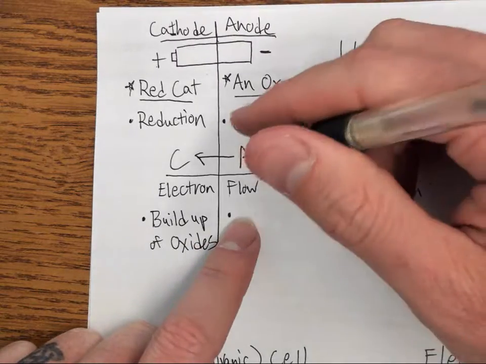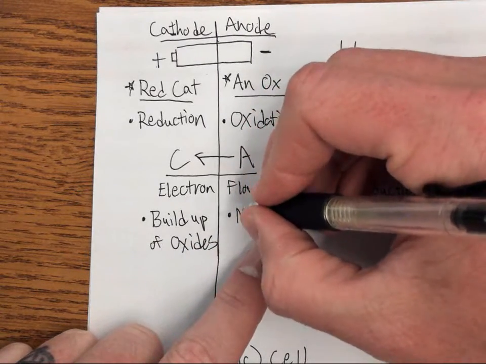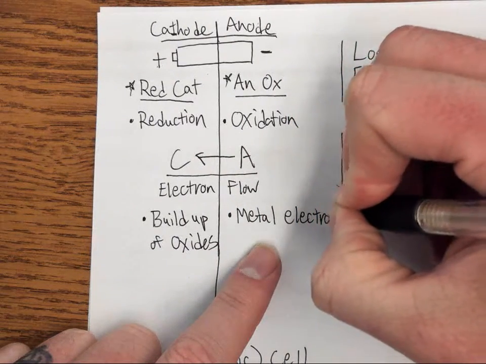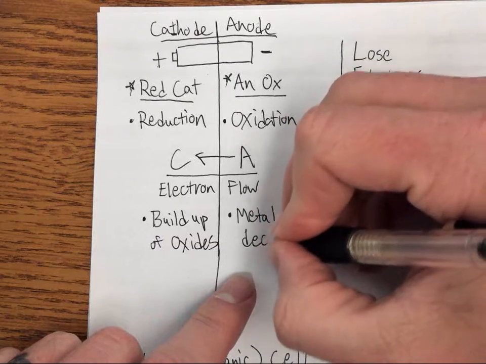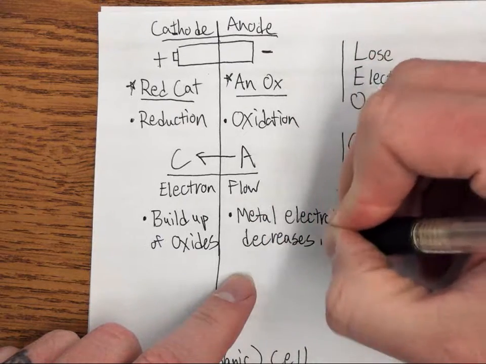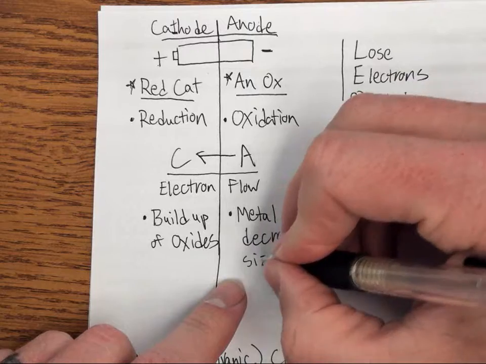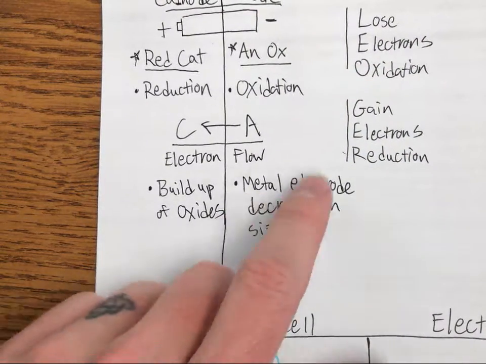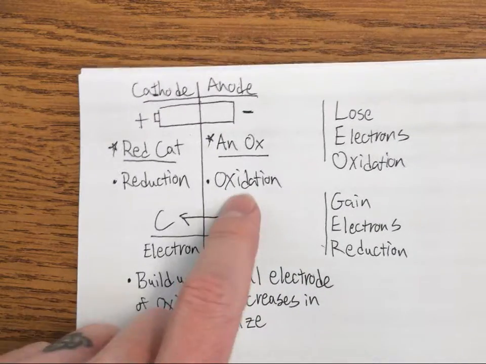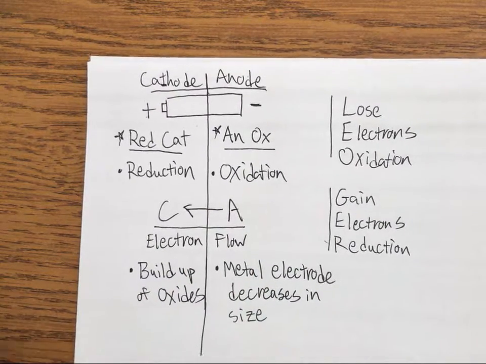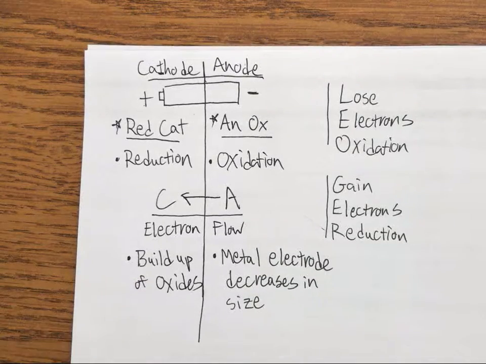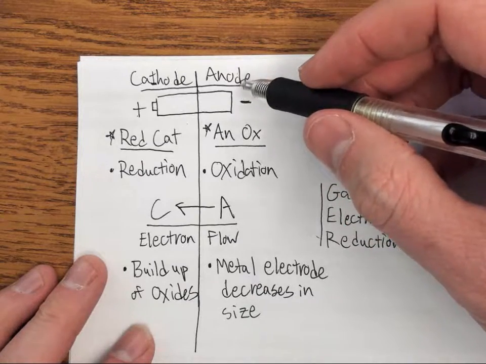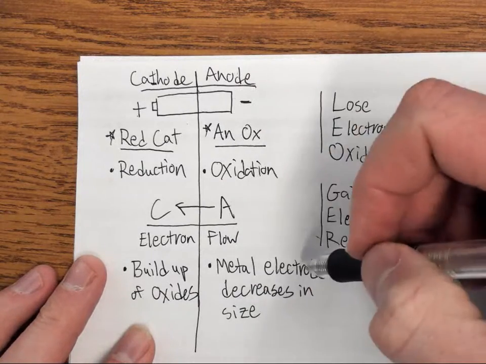And at our anode, our metal electrode decreases in size. Now, I used to put the metal electrode gets reduced, but I was like, wait, no, it's oxidized. That would always throw me for a loop. So I'm trying to word this in a way that we don't mess it up. So we have oxidation at the anode, but it's going to decrease your metal electrode.